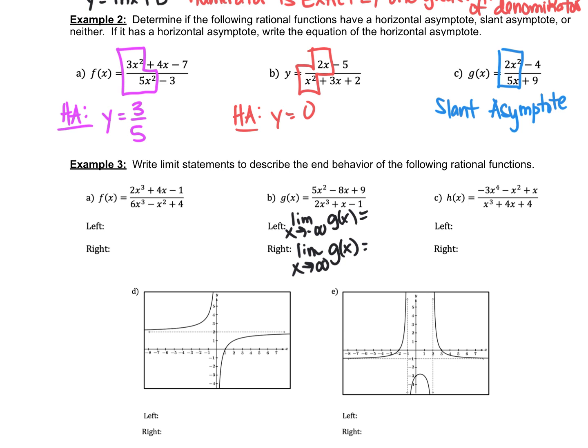What do you think? Is there a horizontal asymptote? If we look at it, where's the largest degree? Denominator. So what's my asymptote? 0. So my end behavior approaches 0.